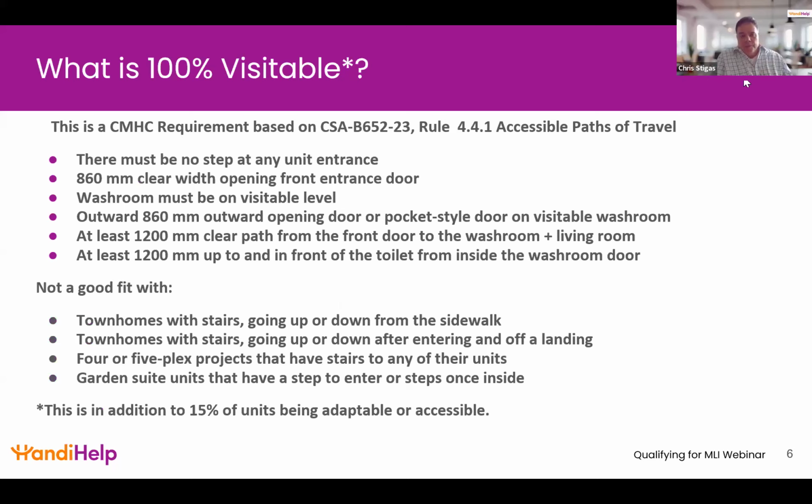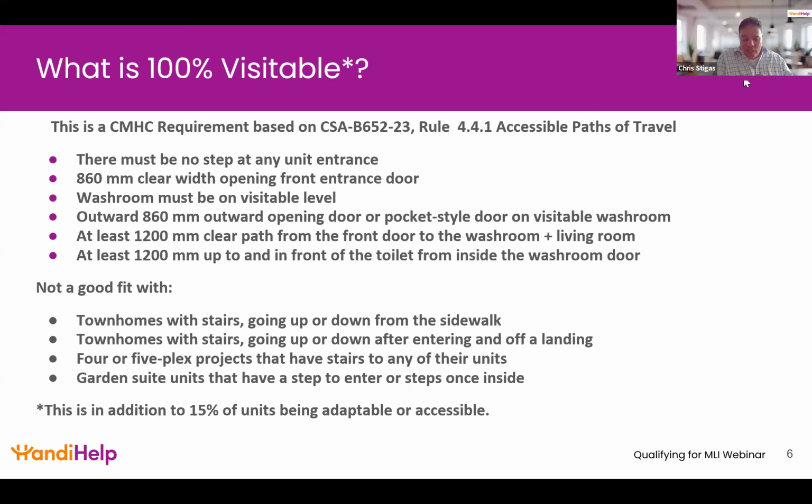So what is visitable as it pertains to MLI Select, and essentially ACOP as well, also has the same requirement now. This is a CMHC requirement within B652, so the residential standard. And they're specifically referencing rule number 4.4.1, which defines what an accessible path of travel is.